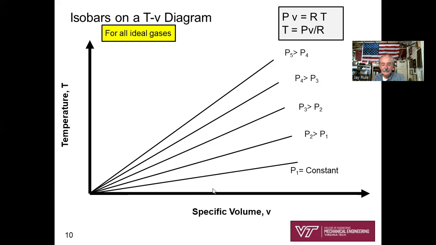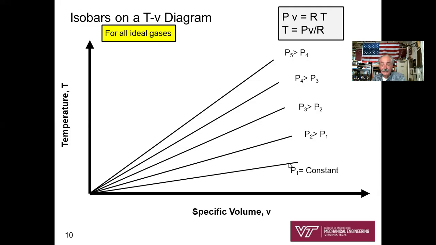Okay, so here's my TV diagram for an ideal gas. I've drawn in 1, 2, 3, 4, 5 lines of constant pressure. I started out at P1 equals some low number. And as we increase the pressure, all we do is increase the slope of the line. Okay, and so this is our family.